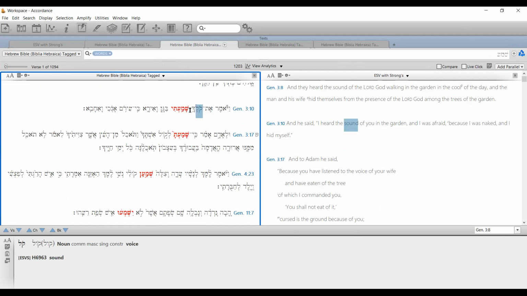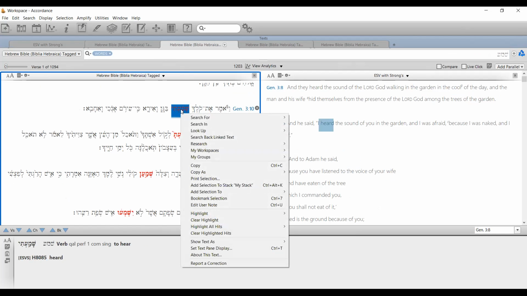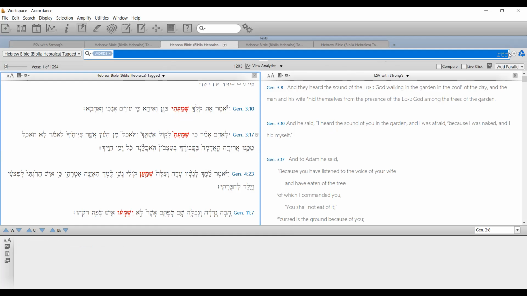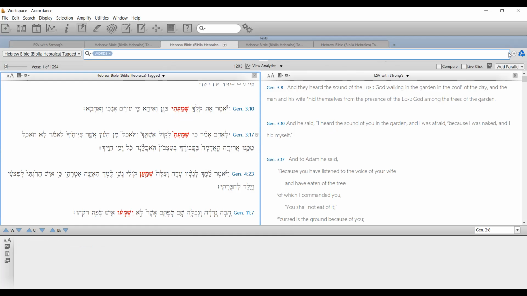But I usually never look like this, or very rarely look like this. And I prefer to use this string. This search box has a lot more possibilities than just a simple search.